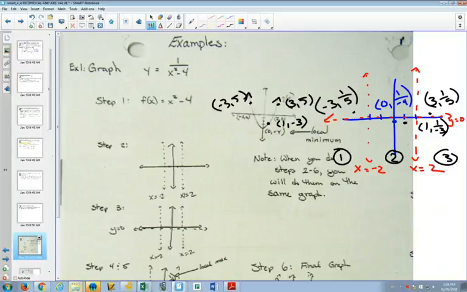So I know that it goes through negative 3, comma 1 over 5. Because I have asymptotes there and there, it has to do that in that section. And I have 2 points here in the middle section. This 0, 1 over negative 4 was a minimum, so it's going to be a maximum in this section.